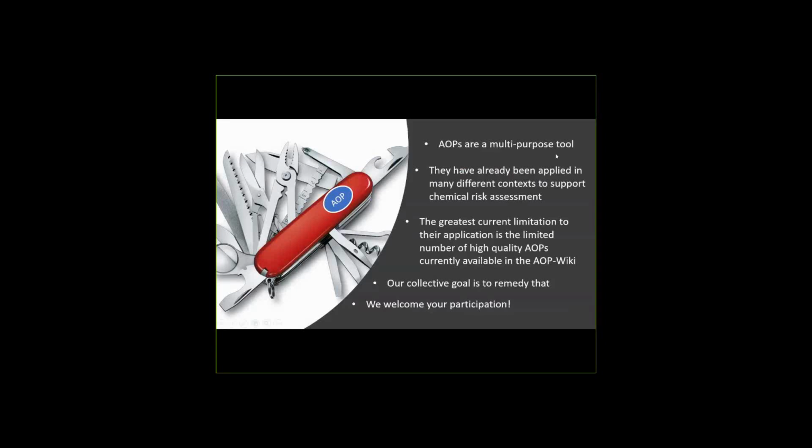And so AOPs truly are a multi-purpose tool. They've already been applied in many different contexts to support chemical risk assessment. And overall, the greatest current limitation to their application is really just the limited number of high-quality AOPs that are currently described and available in the Adverse Outcome Pathway Wiki.